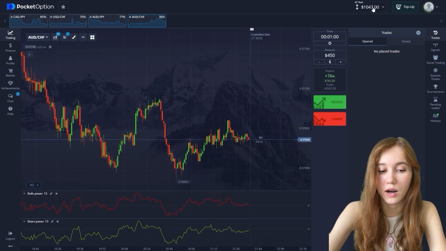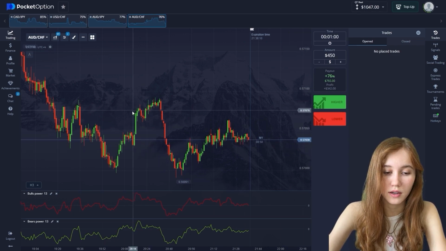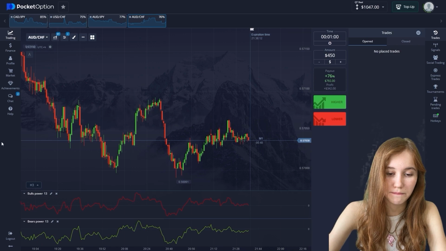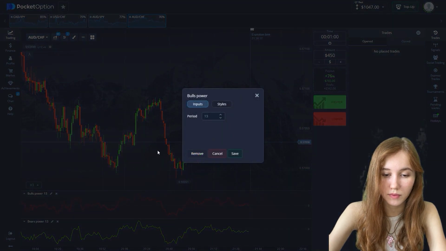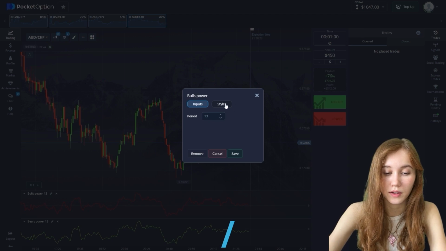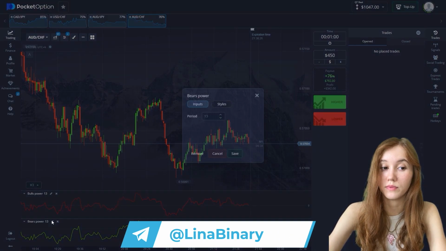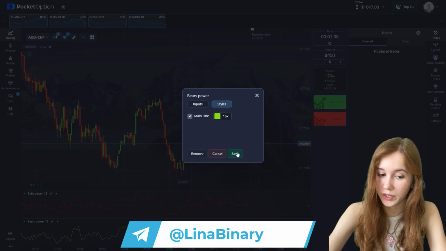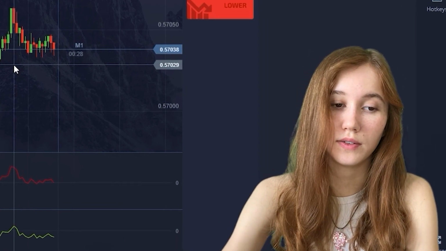We increased our balance more than 10 times. It's very good. Our indicators, two indicators, bulls and bears power. Our deal was just $500, and we achieved our goal. So I think that's it.